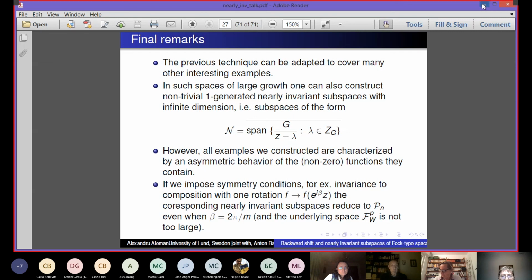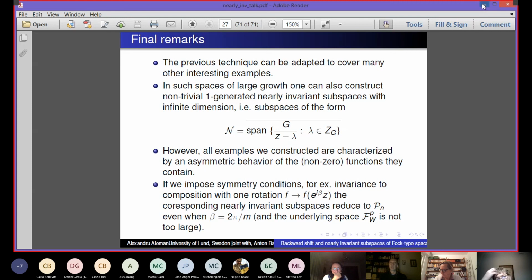Alexandru, just about your last comment about lack of symmetry. What happens if you take the subspace that you just constructed with the growth on the positive x-axis and the decreasing on the other side, and you take minus that space? So you make it symmetric, in the sense that you take the subspace that grows on the negative x-axis and goes to 0 on the positive x-axis, and you take the sum.